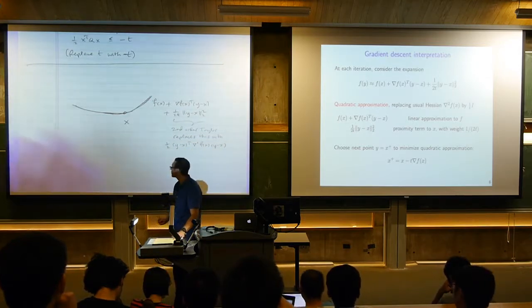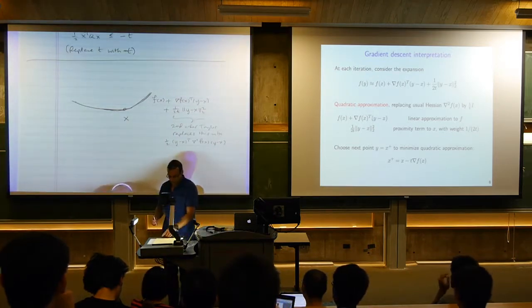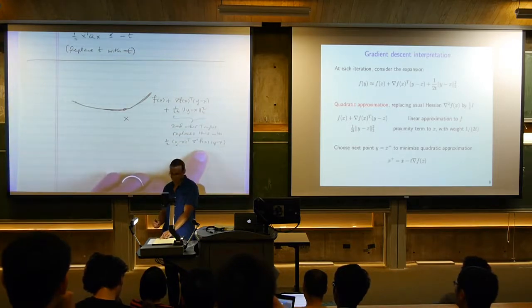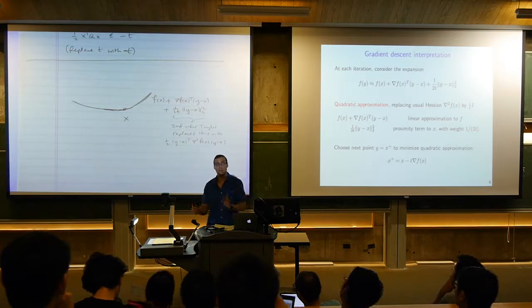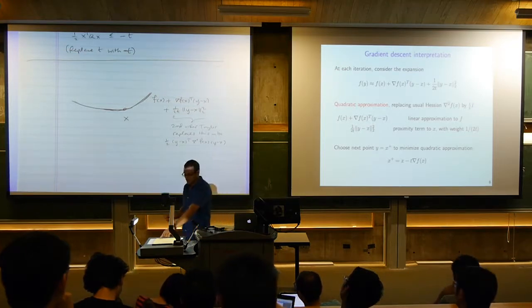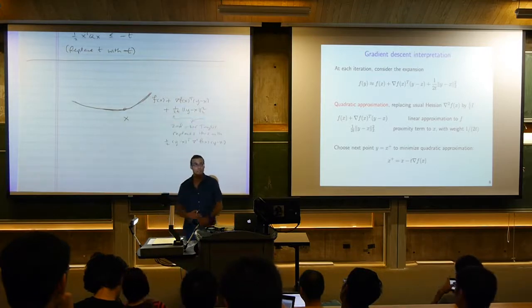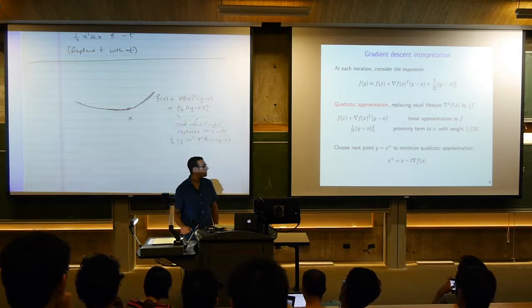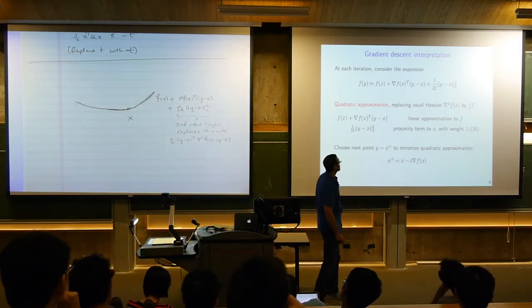That would be the usual term in a second-order Taylor approximation. Here you can think of it as replacing the Hessian with just the identity matrix times 1/t. So it's a very simple quadratic approximation to my function. It doesn't have the curvature given by the Hessian; it's just a very simple notion of how curved my function is. I just replace the Hessian by 1/t times the identity.